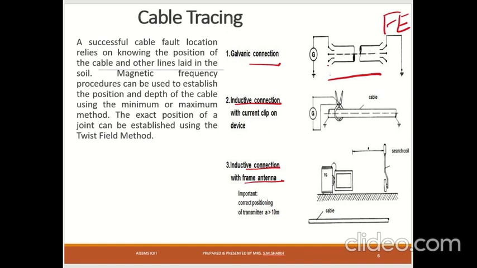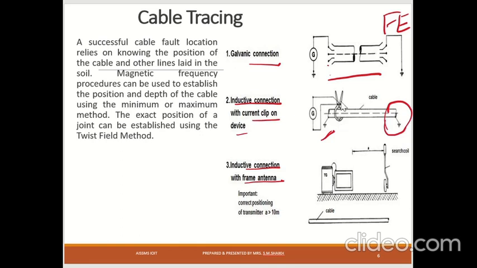So therefore we go for the next method, which is known as the inductive connection with the current clip-on device. Now in this again what is done is, both the ends, the far end as well as the near end, of the cable are earthed first. Then we use a clamp-on meter to connect.